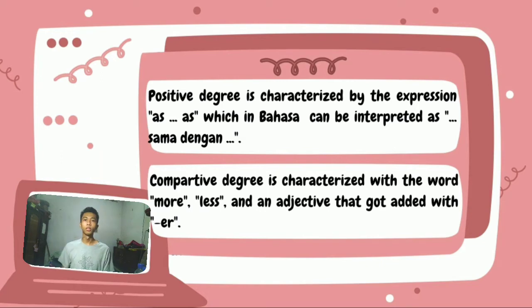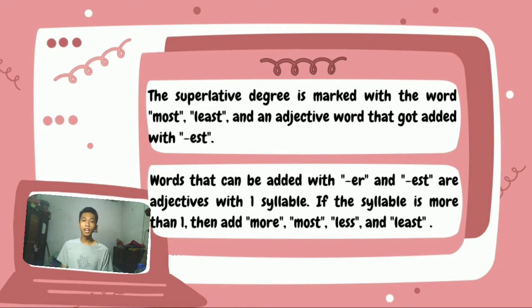Point number 4: the superlative degree is characterized with the words the, most, and least before an adjective, and the adjective also gets est added at the back of the word.